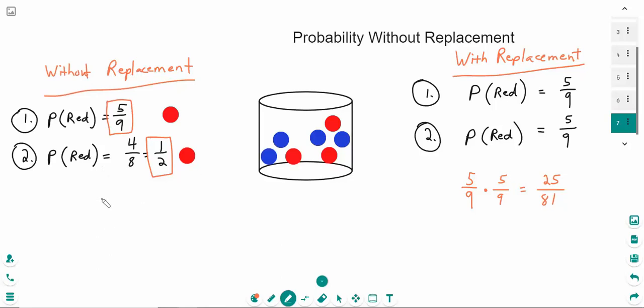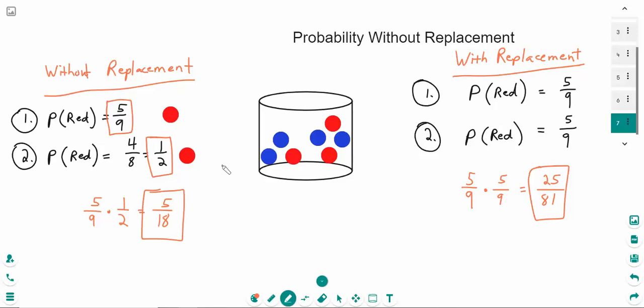So we have 5/9 times 1/2. Now the probability is 5 over 18. So in the first scenario, when we had replacement, the probability was 25 out of 81. In the second scenario, when we do not have replacement, the probability is 5 out of 18.